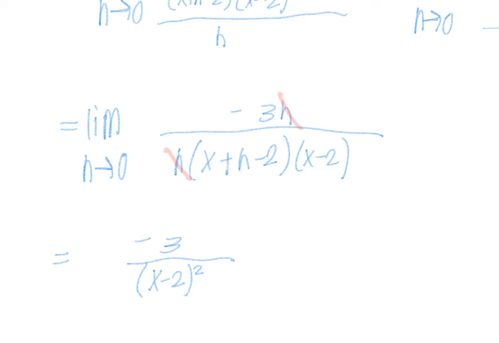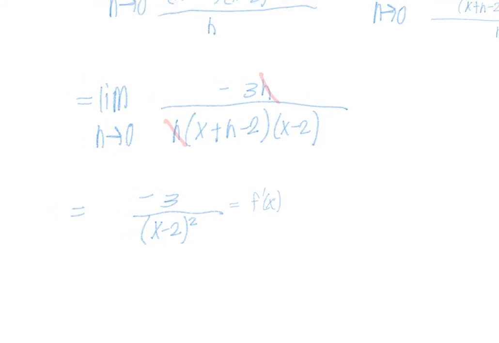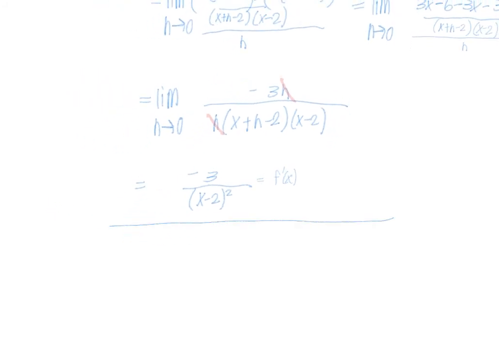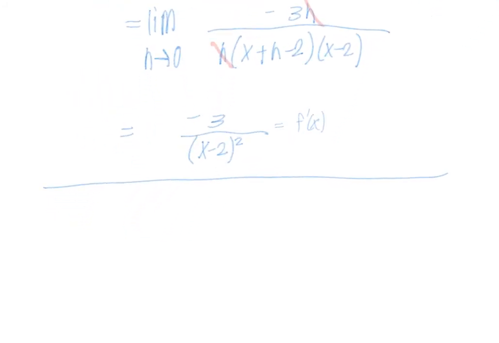So x minus 2 and x minus 2 is x minus 2 squared. And just remember that this is the derivative. Well, that's not the answer to the question, right? The answer to the question asks for the equation of a line.